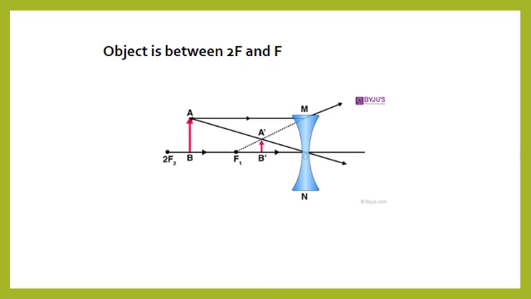Now the third case is when the object is between 2f and f point. Again the image formed is small in size, erect and virtual. Again for this you have to draw the diagram of a concave lens, and draw the principal axis, optical center, focus, f1 and 2f.